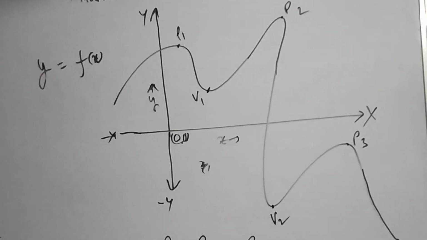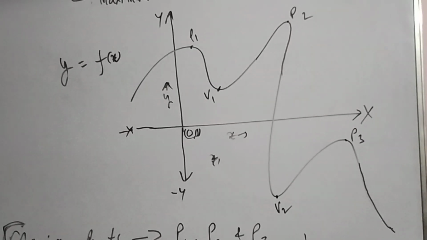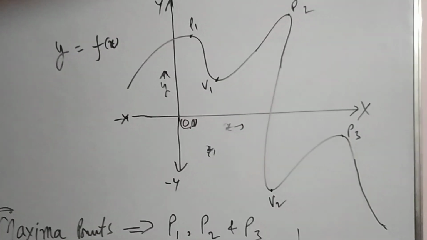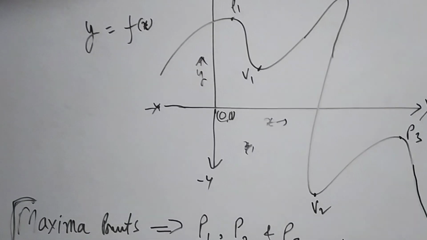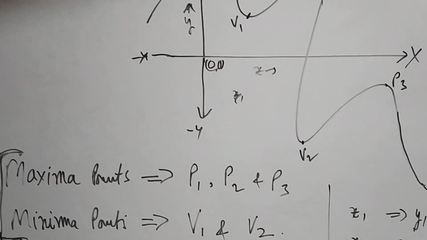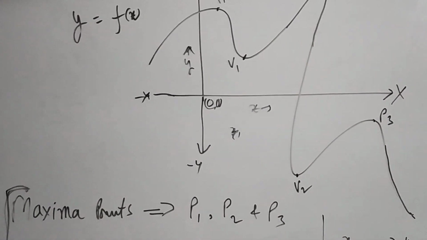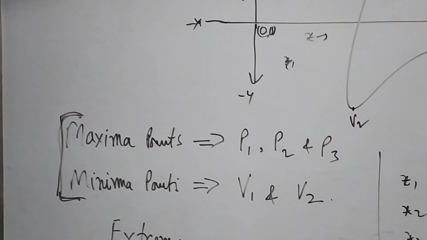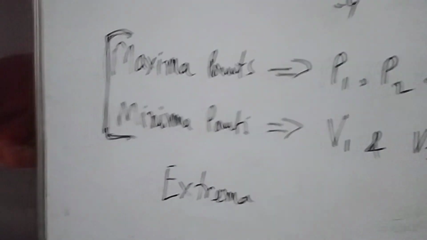This was just a visual graph, in which we saw that peaks are the maxima and valleys are minima points. But mathematically how it can be calculated, that we will discuss.